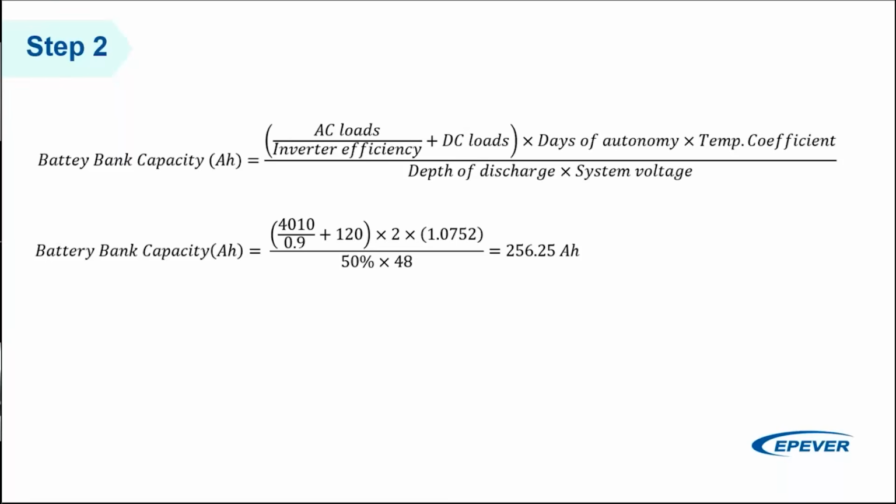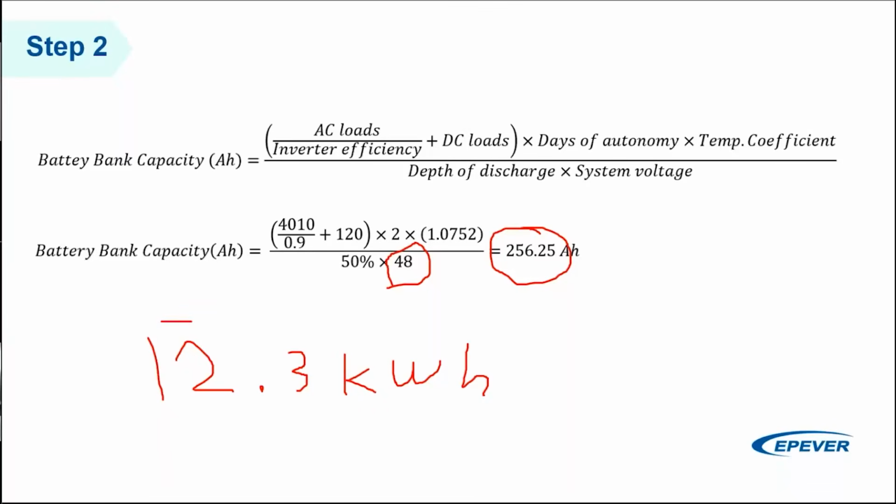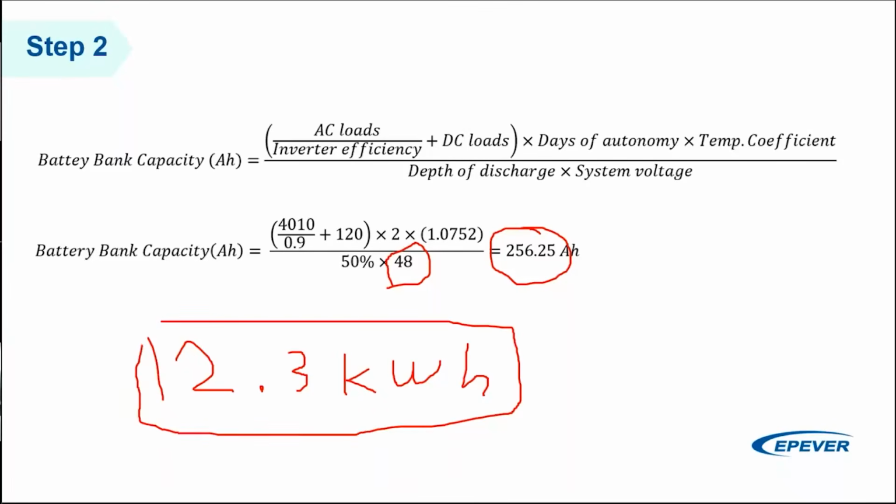So if you multiply this voltage by this current, you will have something like 12.3 or 4 kilowatt hours. So your batteries must be capable of providing this much energy per day.